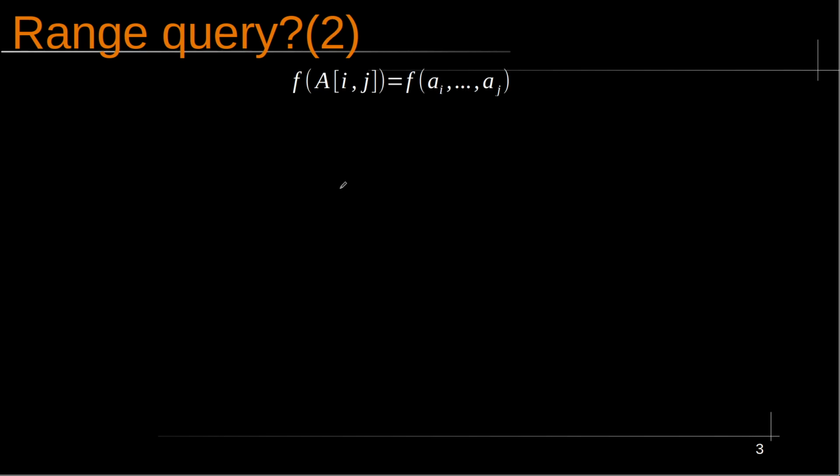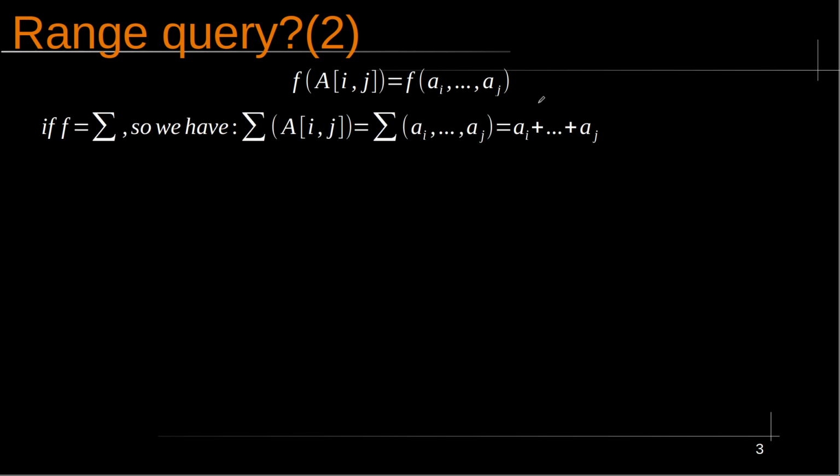Let's take quick examples here. For example, if f is the sum function, or the summation, we want to compute the sum on the input A from position I to position J, which is the sum of the elements from AI to AJ, which is AI plus up to AJ.